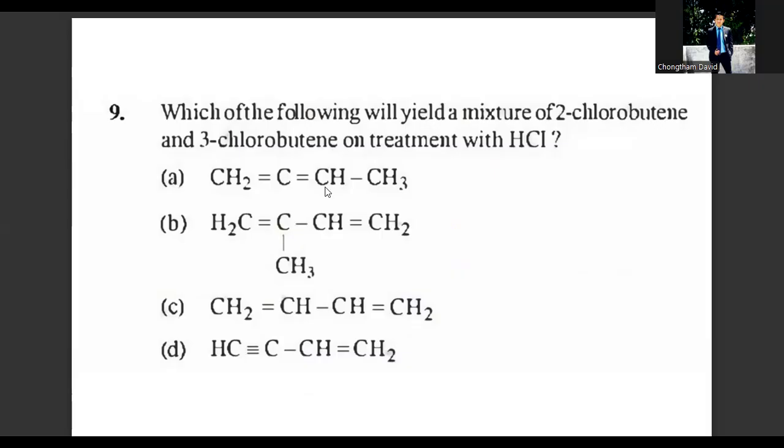The alkene from the option must be A, because in the presence of hydrochloric acid, you have proton, and this will generate a carbocation like this.